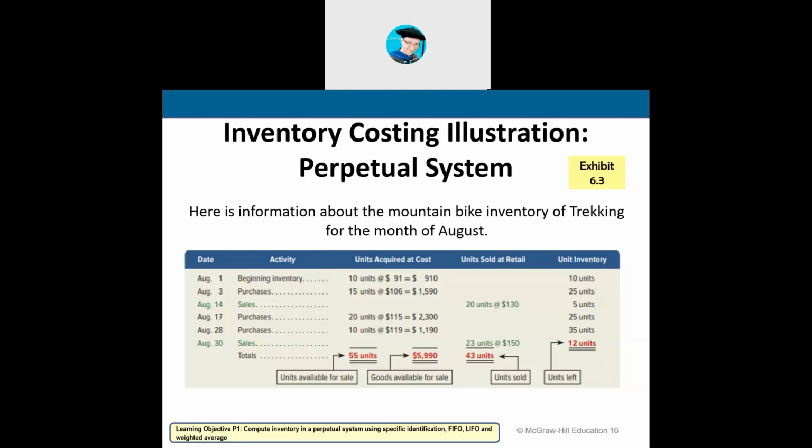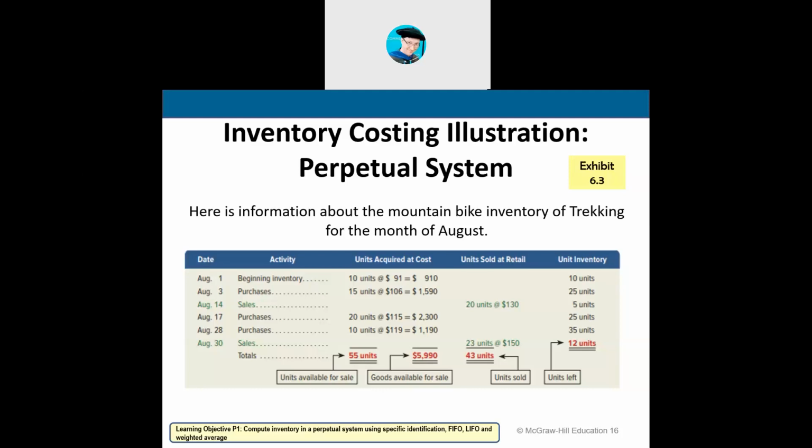I had 10 mountain bikes. I'm a mountain bike seller now. I had 10 mountain bikes at a cost of $91 per mountain bike. That was the cost to me, the mountain bike seller, to acquire these bikes, $91 a piece. That's the beginning inventory. So I had $910 worth of mountain bikes in my inventory at the beginning of the month.